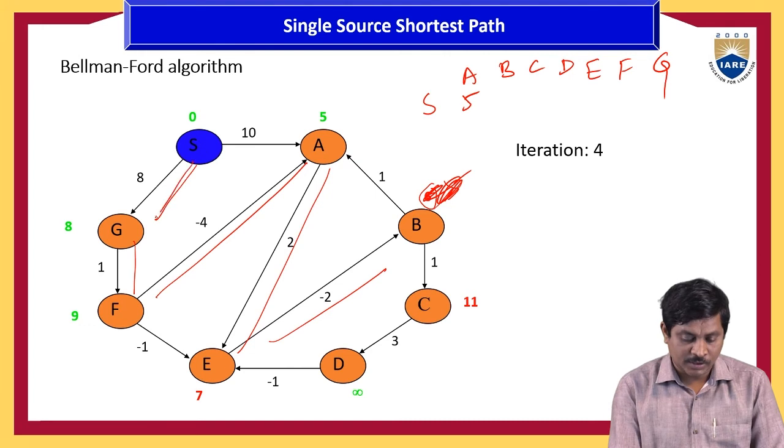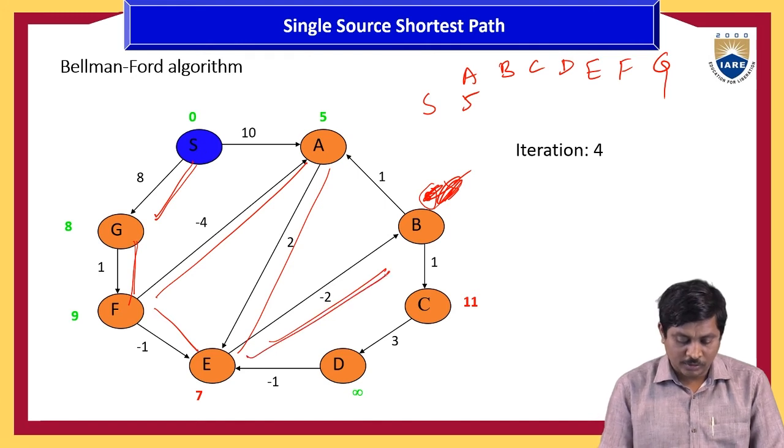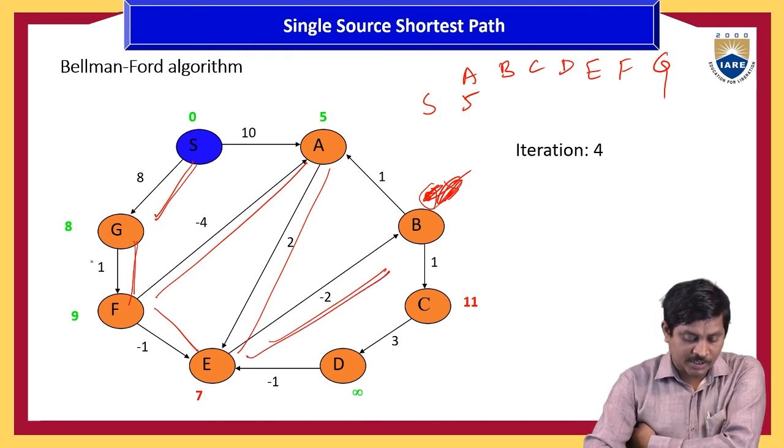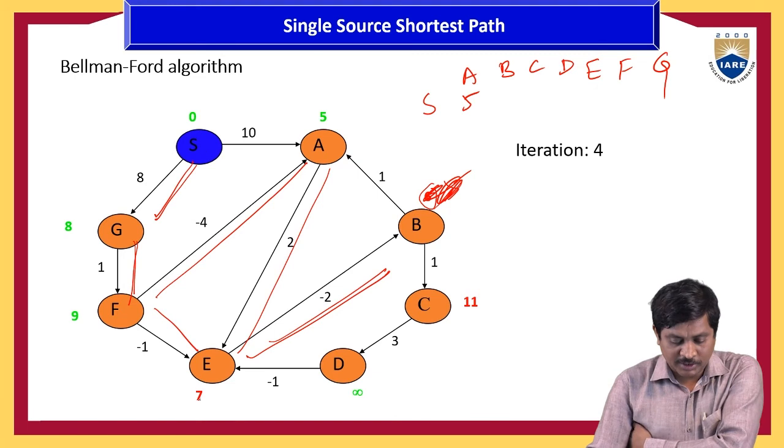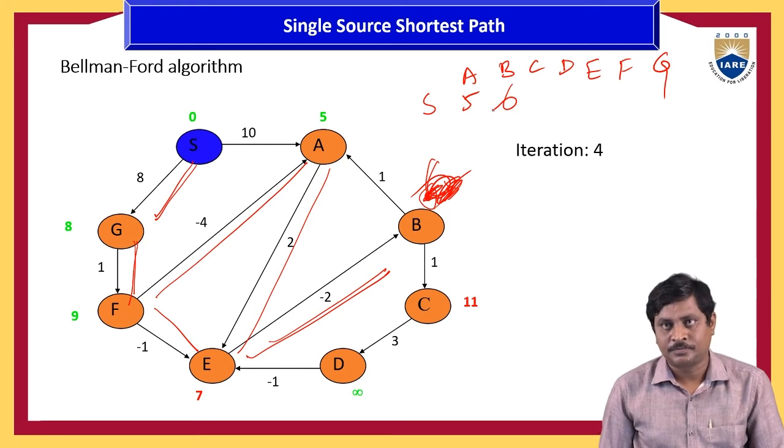3 mediator nodes means S to G, G to F, F to E, E to B. So here 8 plus 1, 9, 9 minus 1, 8, 8 minus 2, 6. 6 is the right answer. So here S to B is 6.